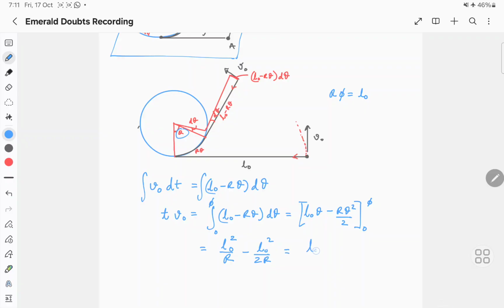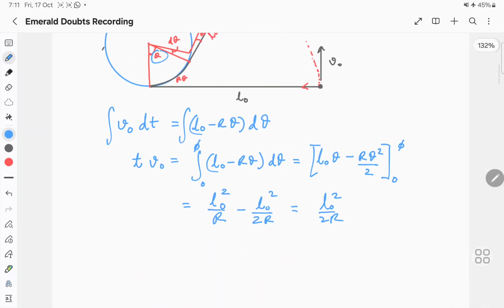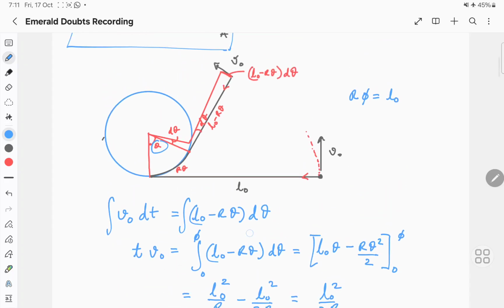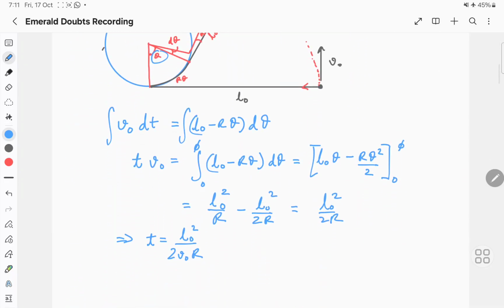So that's your L naught square by 2r. Hence my t is L naught square by 2 v naught r. So in the question it is asked to compare with x. So your x is going to be 2 v naught.